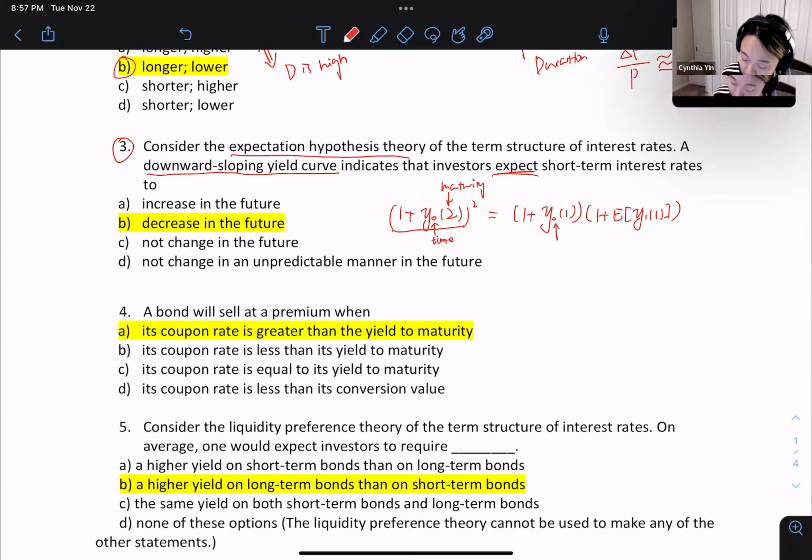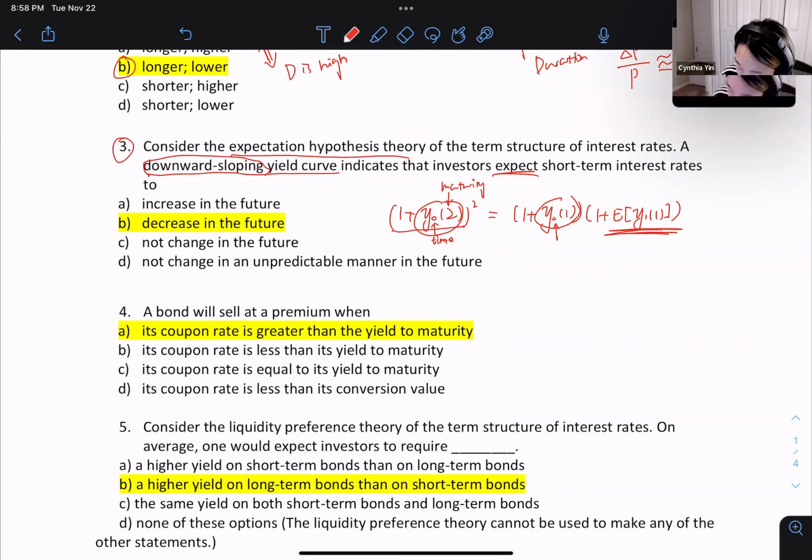So when the y02 is higher than y01, it means, oh no, not higher. It's downward sloping, so y02 is lower than y01. What causes the problem? It must be because this part is low.